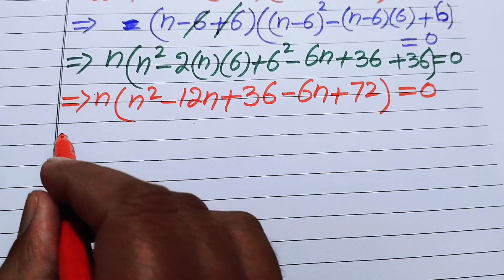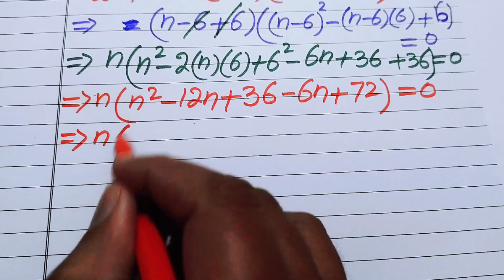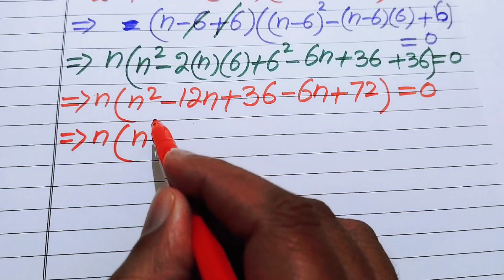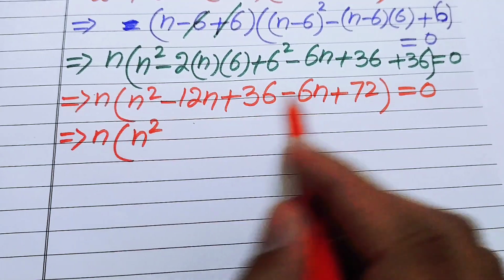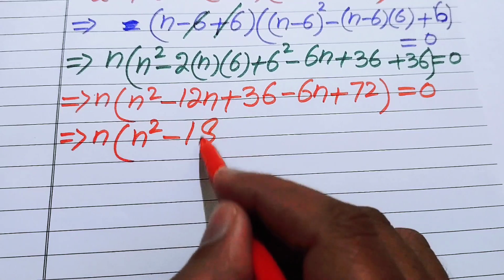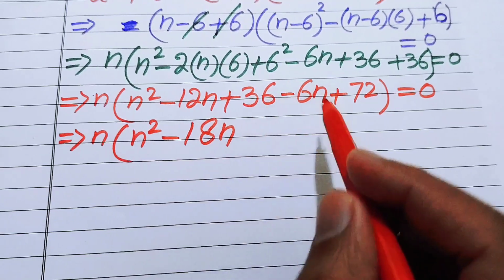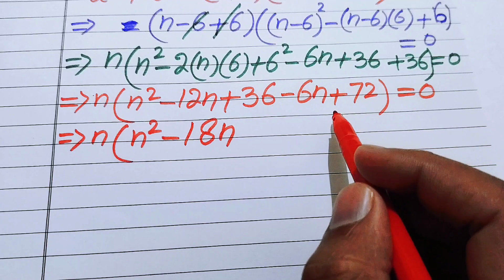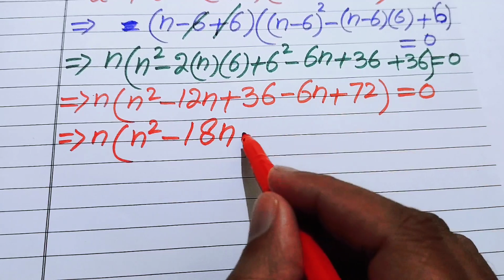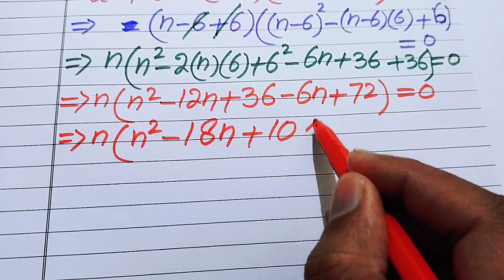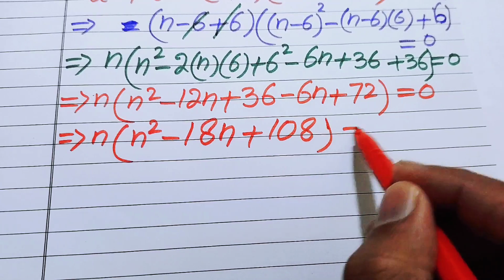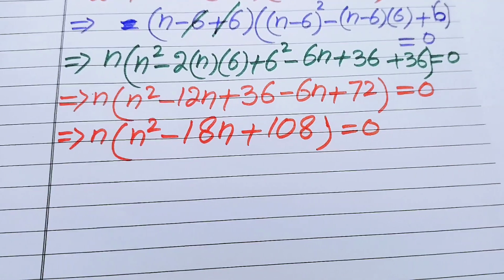So now again we have some simplifications, and you get n squared minus 12n minus 6n equals minus 18n, and 36 plus 72 equals 108, and this whole equation equals 0.